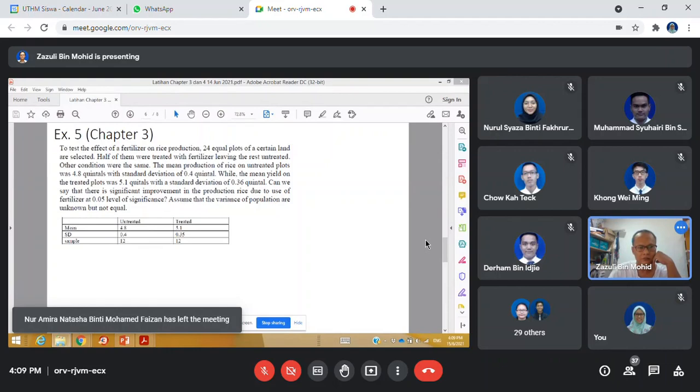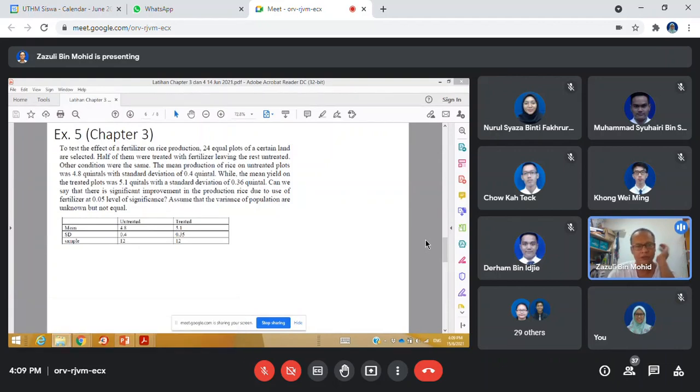Okay. So from this question, if you read, to test the effect of fertilizer on rice production, 24 equal plots of certain lengths are selected. Maknanya dia ada 24, you got 24 sample.